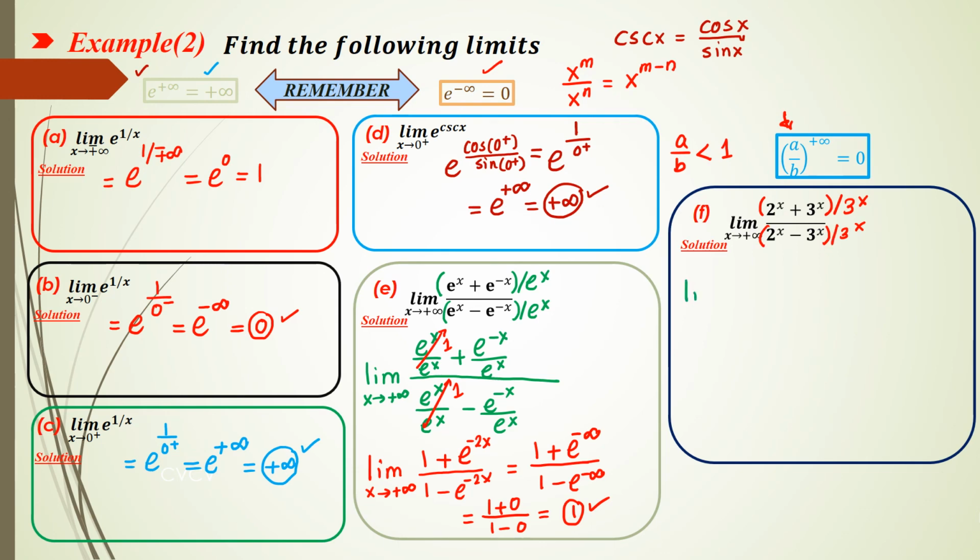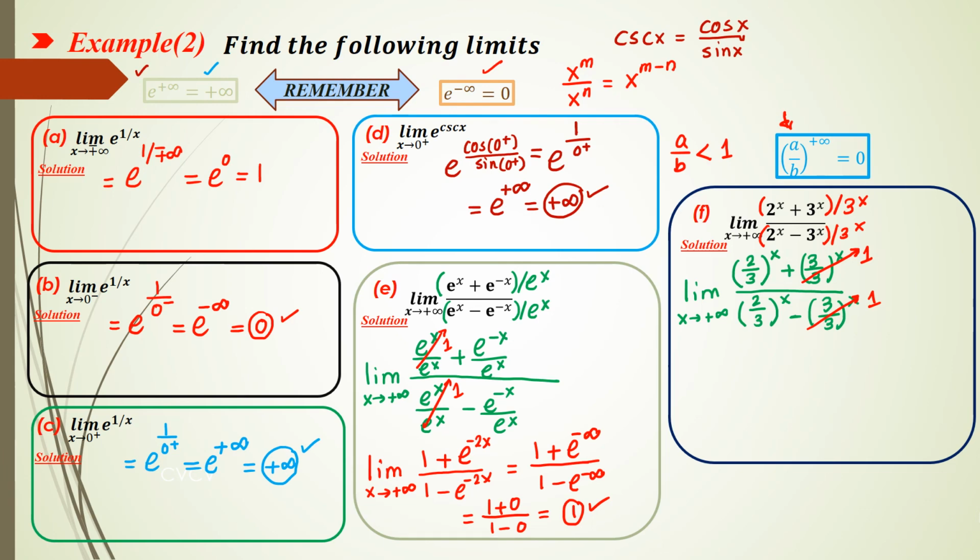Now the limit will be limit 2 over 3 to the x, you can combine the power, plus 3 over 3 to the x, and in the denominator we have 2 over 3 to the x minus 3 over 3 to the x, when x goes to positive infinity. Now for 3 over 3 to the x, this equals 1 because we have 1 to the x, and here also we have 1.